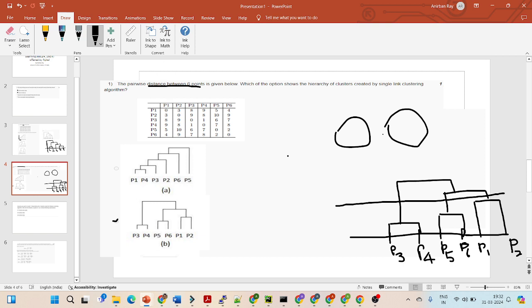Suppose the same clusters are given, but if complete link is given, then the distance is higher. These values will be higher, but the method to solve this type of problem remains the same.